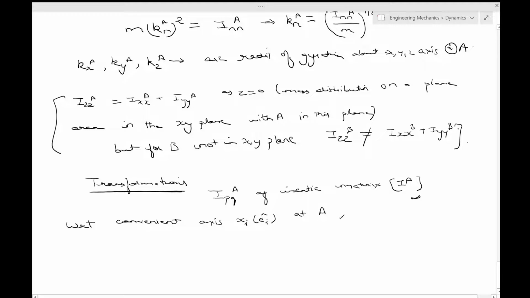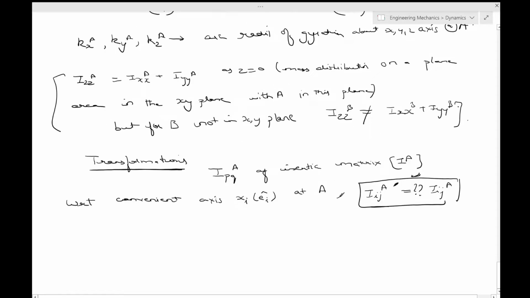So let's try to see what the transformation relations would be. So if you have, say, Iij given, what would be Iij dash? And the meaning of this transformation is not very difficult to understand. Think of vectors. This is i direction, this is j direction, and you have this vector, say 2i hat plus 3j. This is a position vector.